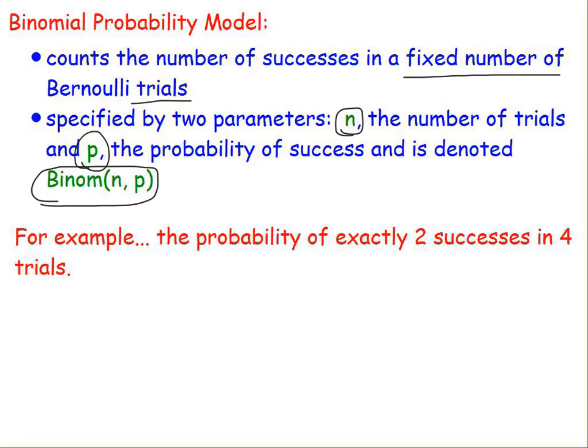So let me give you an example of what these kinds of problems look like. You're focused on finding the probability of exactly 2 successes in 4 trials. So you have 4 total trials and 2 successes. Well, there's different times that those successes could happen. You could have a success, and then 2 failures. You could have a success, a failure, a success, then a failure.